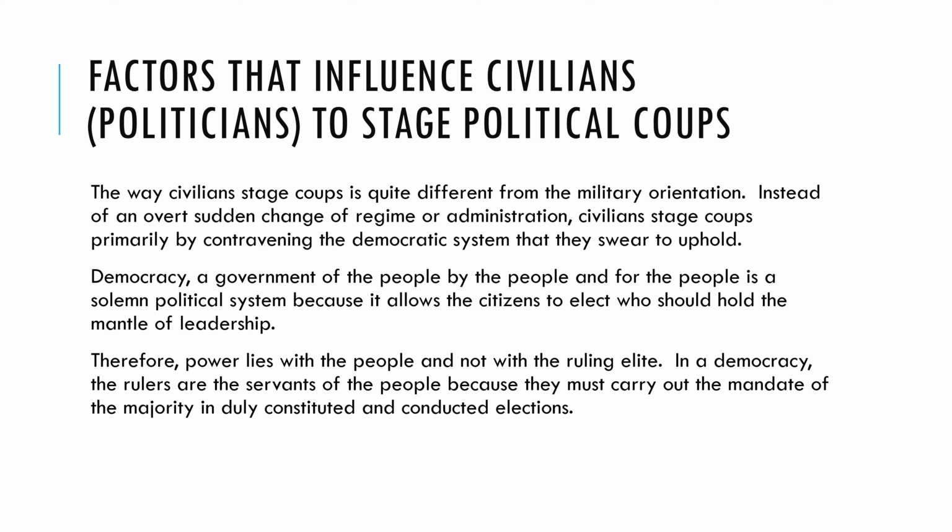It should be noted that democracy, a government of the people, by the people, and for the people, is a very solemn political system because it allows the citizens to elect who should hold the mantle of leadership. Therefore, power lies with the people in a democracy and not with the ruling elite.